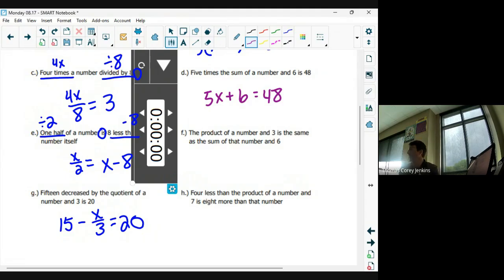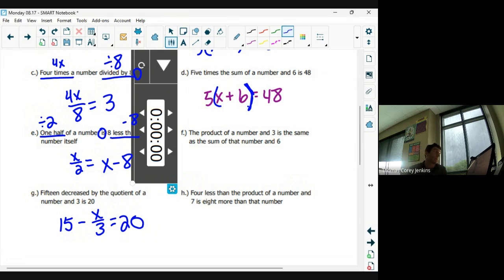This is one of those I told you you'd probably miss, and that's okay. But if I want to do 5 times the sum, we have to group that sum together. So put x plus 6 in parentheses is how you fix it. Okay, so 5 times the quantity x plus 6. That one's easy to miss, right? You just got to do it until you get the hang of it.